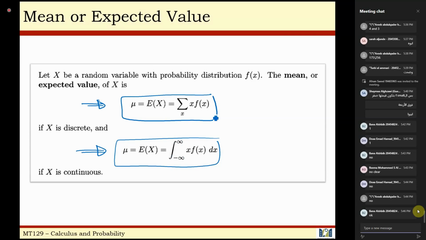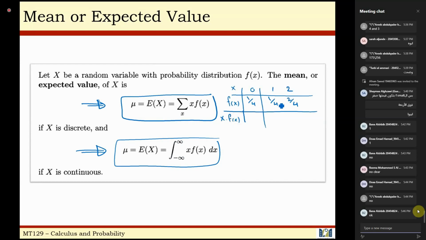In discrete, for example, if we have x and f of x: x is 0, 1, 2, and f of x is 1 over 4, 1 over 4, 2 over 4. If we need to find the mean, firstly we must find x multiply f of x.